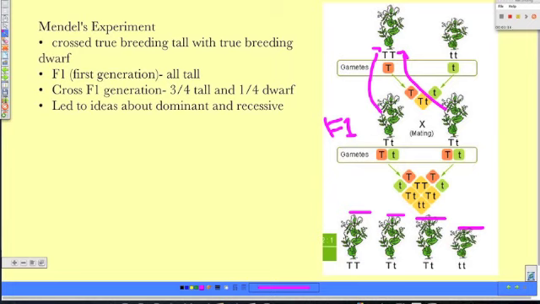This experiment led to the ideas of dominant and recessive genes, and not a mixing of genes, which is what was said beforehand. So with true breeding, you get tall, but they're no longer true breeding. Now when you cross them with each other, you get 3 talls and a short.